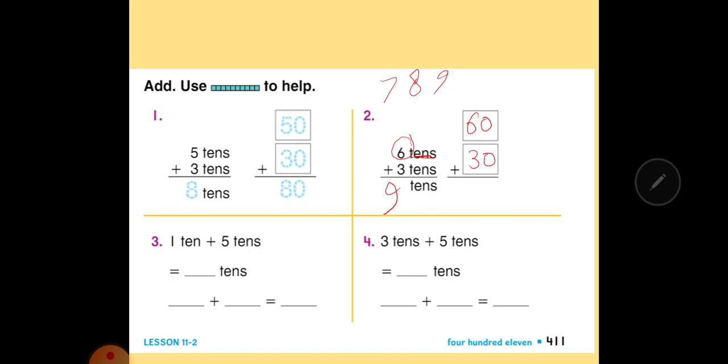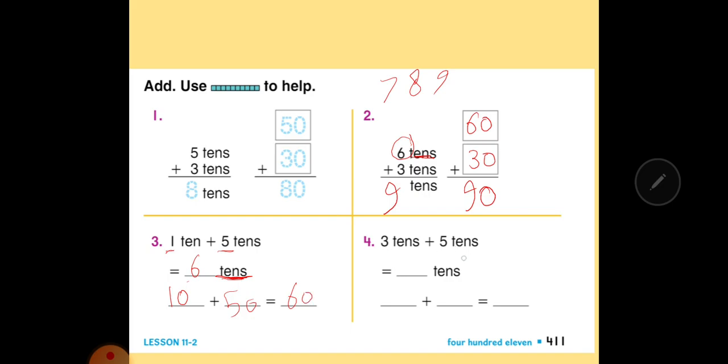Add them: 6 and 3 equals 9, and the 0 is here. Okay, again, 1 ten plus 5 tens. How many tens? 1 and 5 together equals 6 tens. You see, I'm still having the word tens. If I remove it, it will be 0. Write them with numbers: 10 plus 50 equals 60.